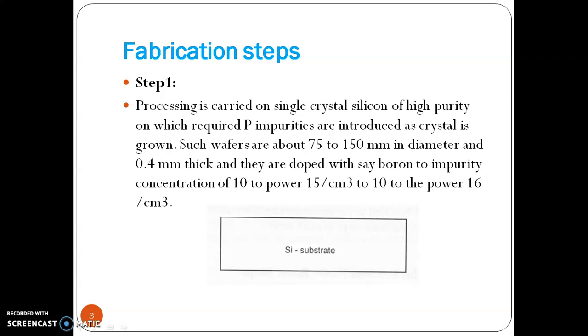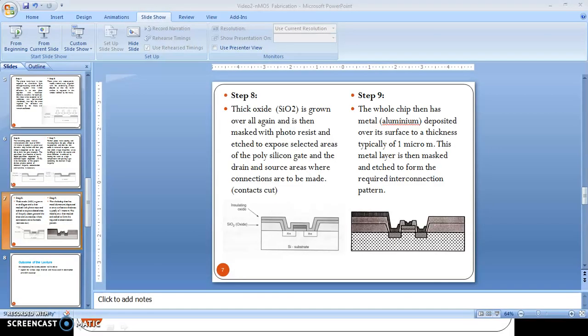We'll add boron impurity for this. These wafers are such that their diameter will be from 75 millimeter to 150 millimeter, and the thickness of this will be 0.4 mm.